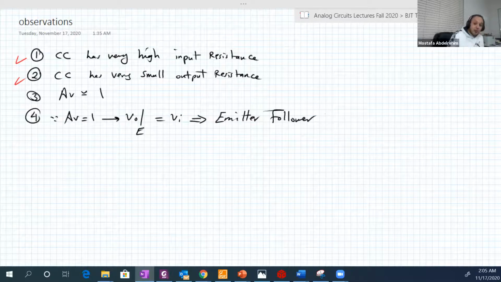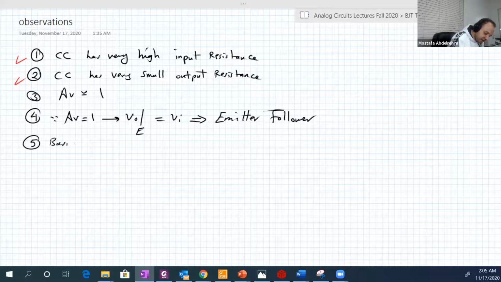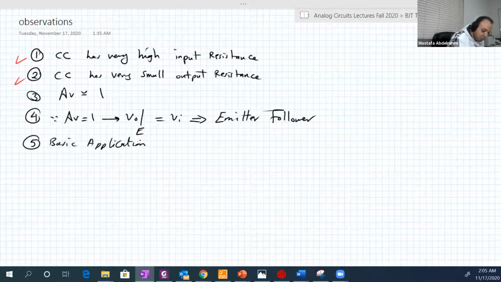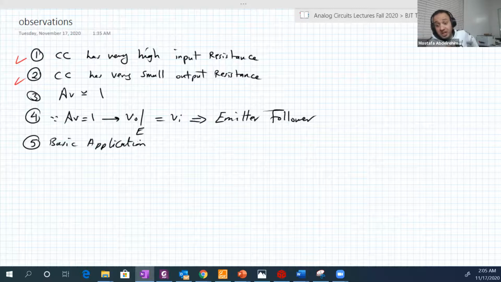Let's now explore its applications, which are really interesting. Basic application number 5. When do we need this common collector, or a circuit with such properties?